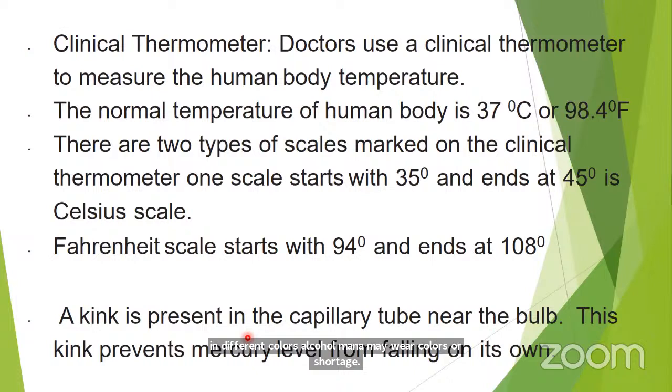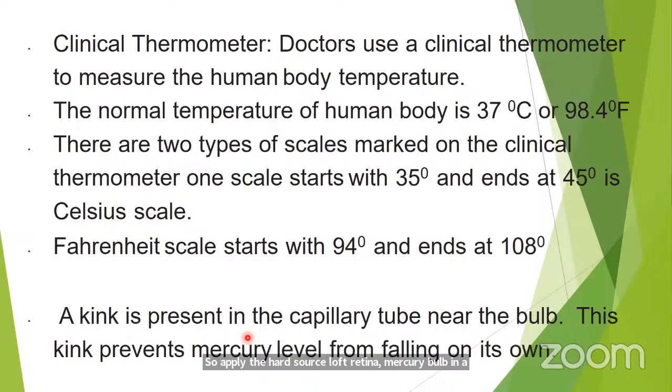సో ఎప్పుడైతే హాట్ సోర్స్ లో పెడుతున్నామో మెర్క్యూరీ బల్బ్ని, అప్పుడు టెంపరేచర్ పెరిగి అక్కడ ఉన్న మెర్క్యూరీ ఇన్ ద బల్బ్ ఆర్ ఇన్ ద పైప్, it expands and shows the temperature of that body.